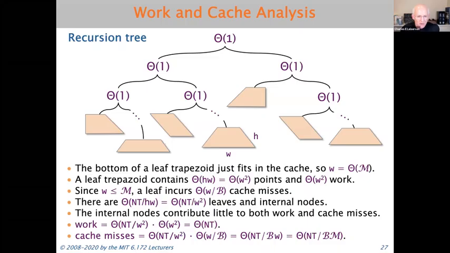Really big. And for a big cache, that's an amazingly small number of cache misses. Now, in higher dimensions, the savings are less. So in 2 dimensions, you save a factor of square root of B times square root of M rather than BM.